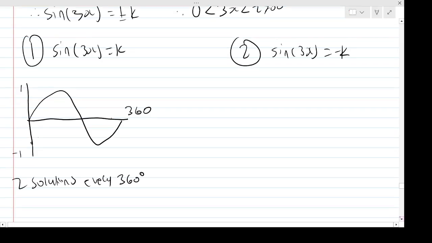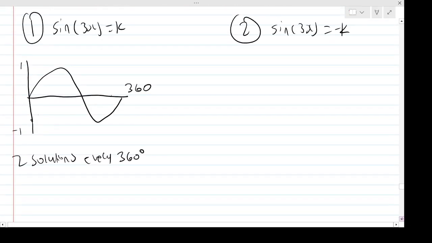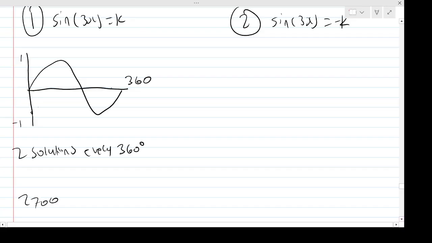So then we can scale that, because now we have 2,700. Let's consider what 2,700 divided by 360 is. If we do that, we get 7.5, okay.